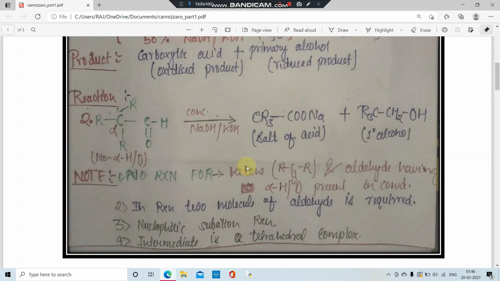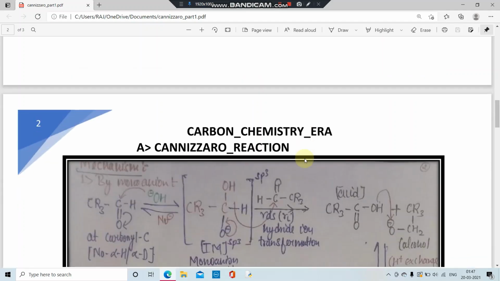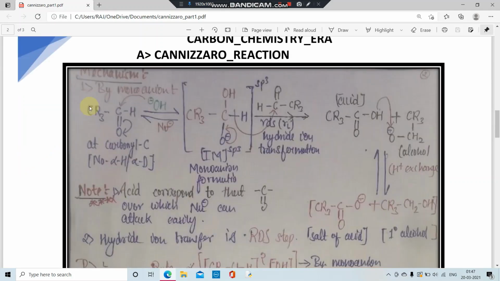During the formation of the given products, the acid and primary alcohol, an intermediate is formed which has tetrahedral shape, or we can say the hybridization of that intermediate is sp3. Now the mechanism by monoanion. This is the reactant, a sp3 carbon, with no sp3 alpha hydrogen at this carbon.